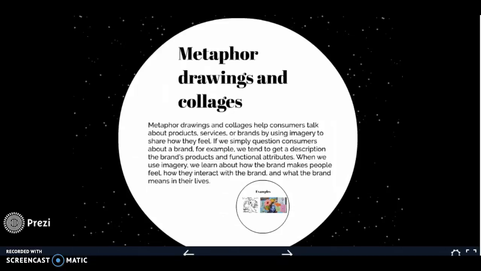So we got them to grab some magazines, and then they had to cut. They could cut pictures, they could cut letters, anything, and then they had to paste it onto the paper.